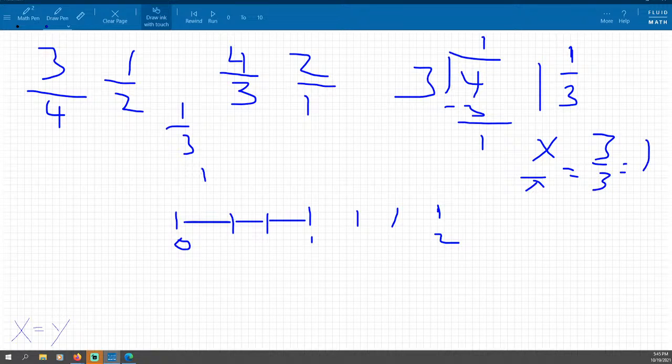This is 1/3, 2/3, this is 3/3. Now 4/3. So another way of writing 4/3 is, here's 1, plus another third. 1 and 1/3.